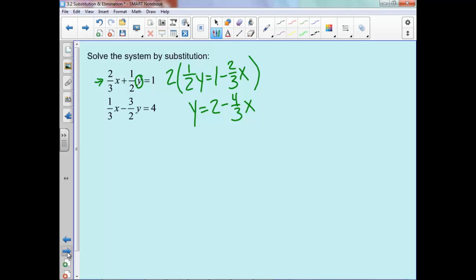Now notice we have y by itself, so we can use that and substitute that value into the other expression for this y here.